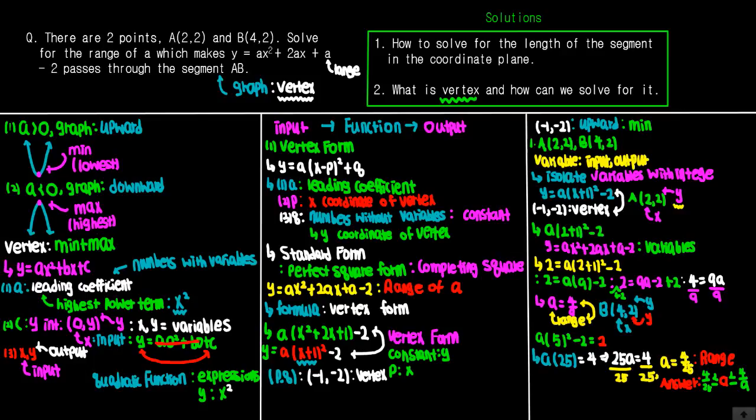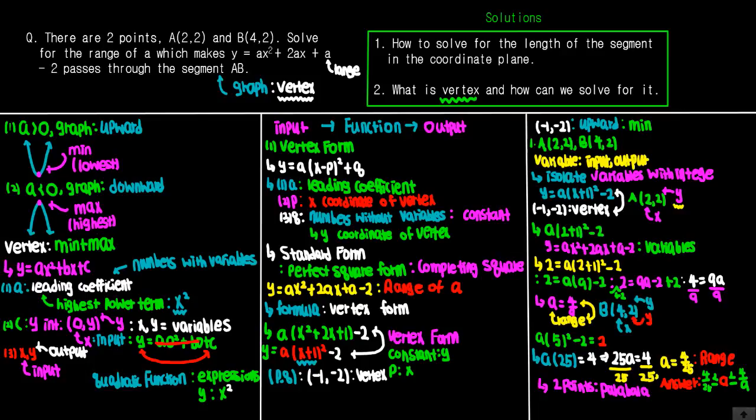This will be our total answer. The reason why it is greater or equal and less or equal is because these two points, A and B, should pass through our parabola. So the a value beside these two points will pass through our coordinate, or the parabola.